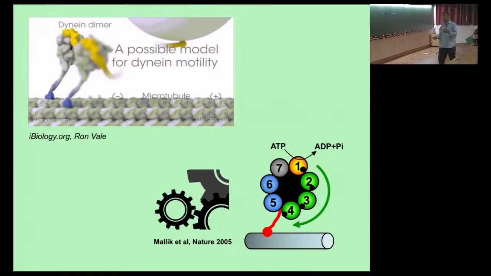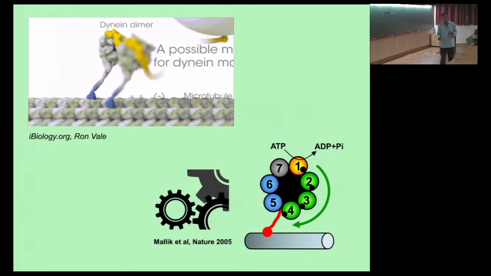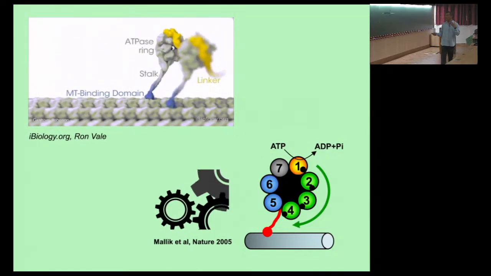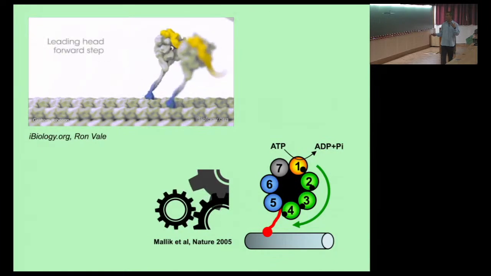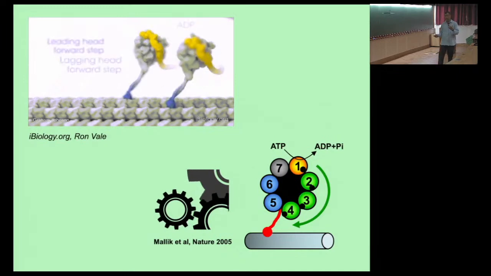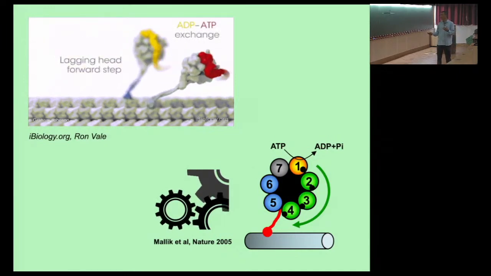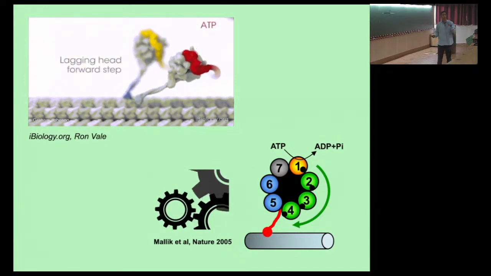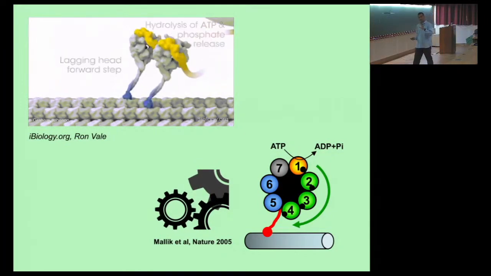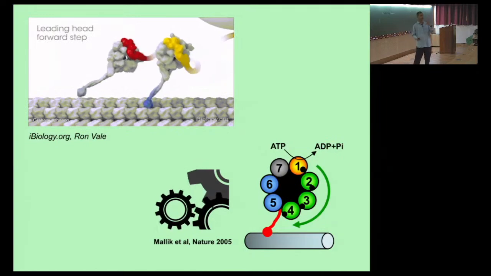Okay, what do I mean by that is that when you pull it back, what is likely happening is that you bind different numbers of ATPs depending on the load, if ATP is available. And when you bind different numbers of ATPs, you can exhibit different step sizes. Okay, and the importance is that the work done per cycle remains constant.